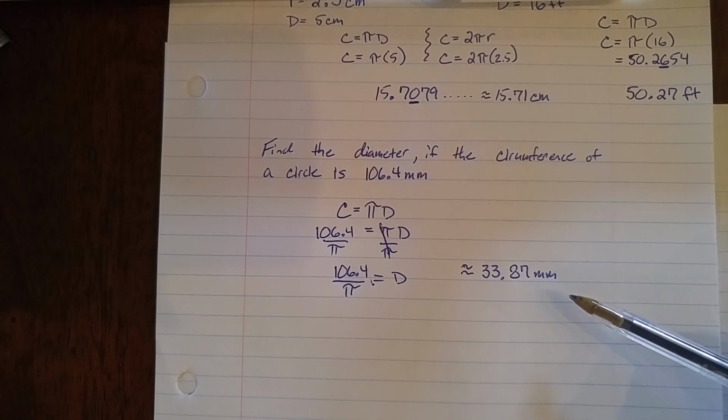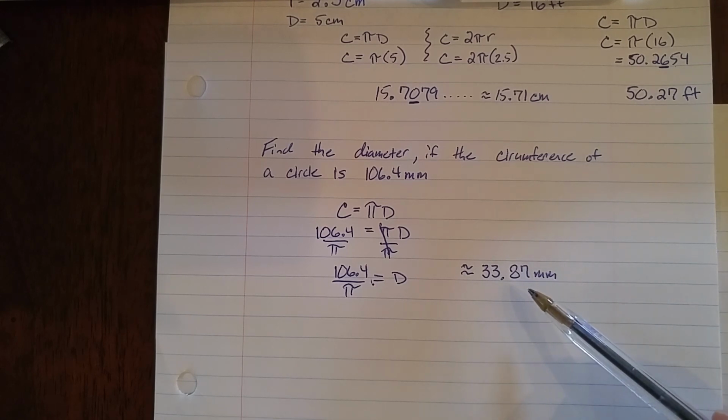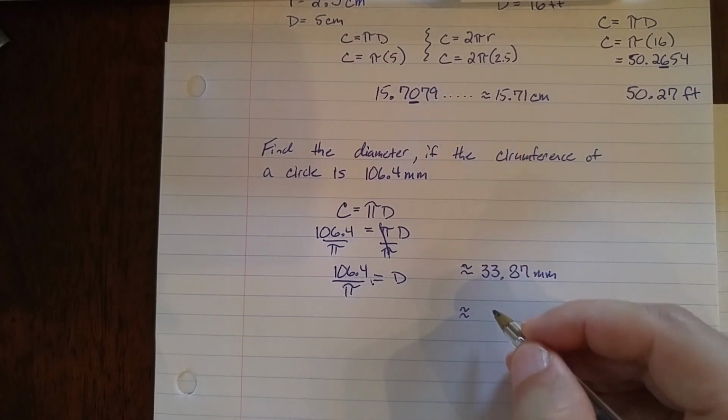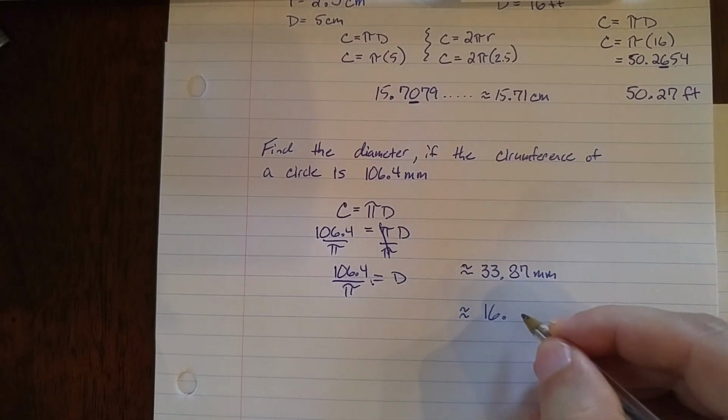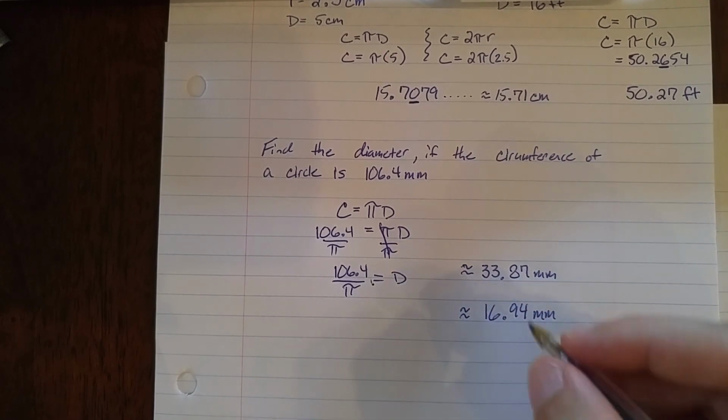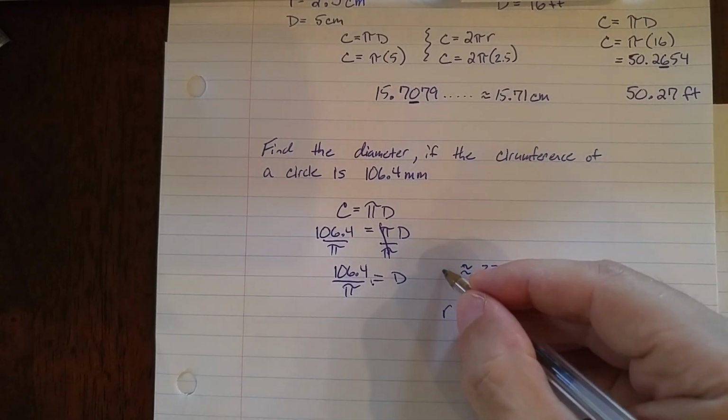Well, remember, radius is half of a diameter because it takes 2 radii to make a diameter. So you just take this thing, divide it by 2. That's it. When you divide it by 2, you end up getting 16.94 about, if you round to the nearest hundredth. So this would be your radius, and this would be your diameter.